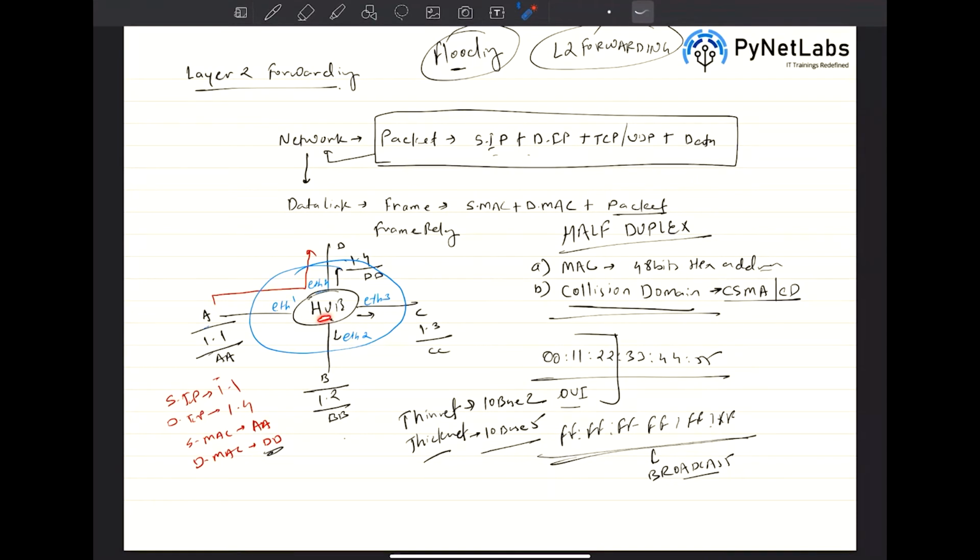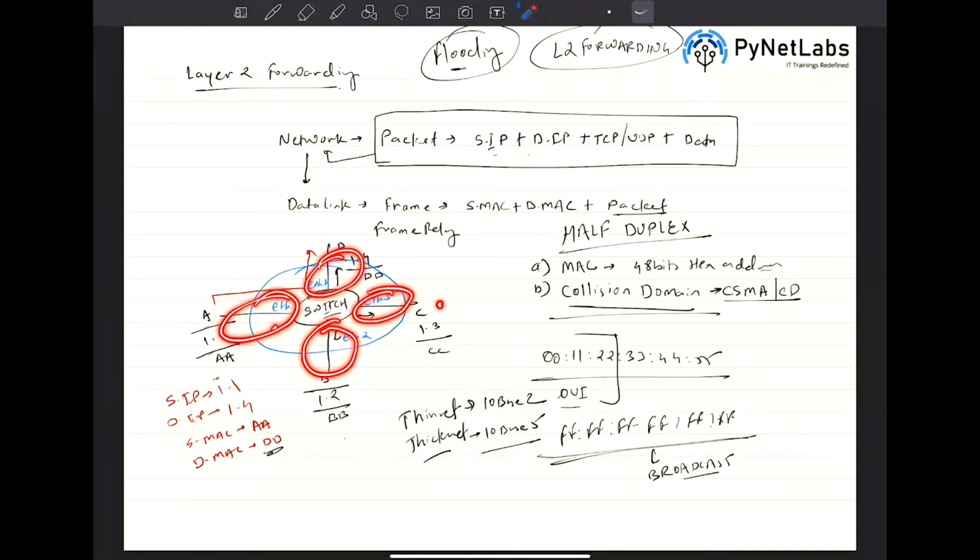So when the hub was replaced by a switch, the switch had the ability to use a single collision domain per interface. If you think of the same topology and replace the hub with a switch, then instead of having a single collision domain, you are going to have a collision domain here, here, here, and here.